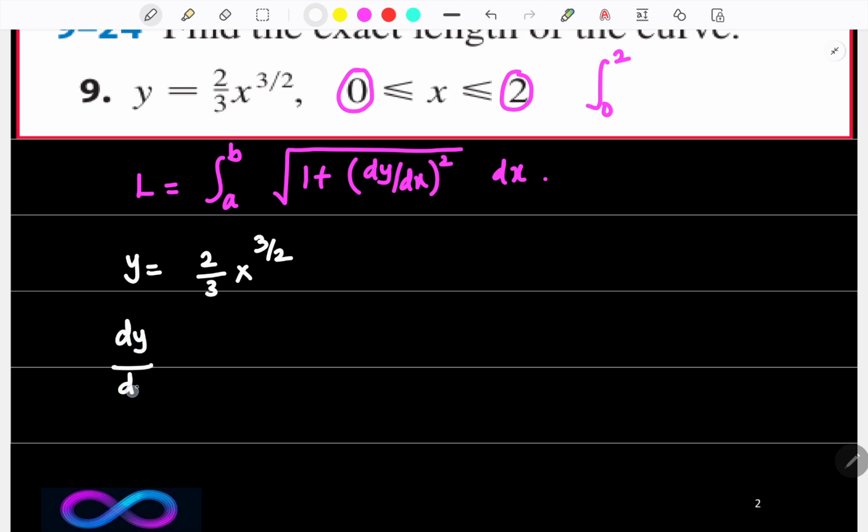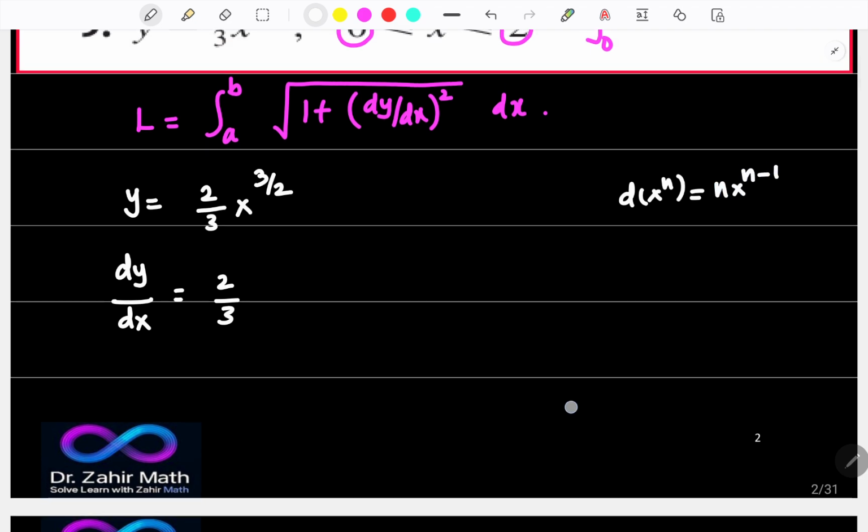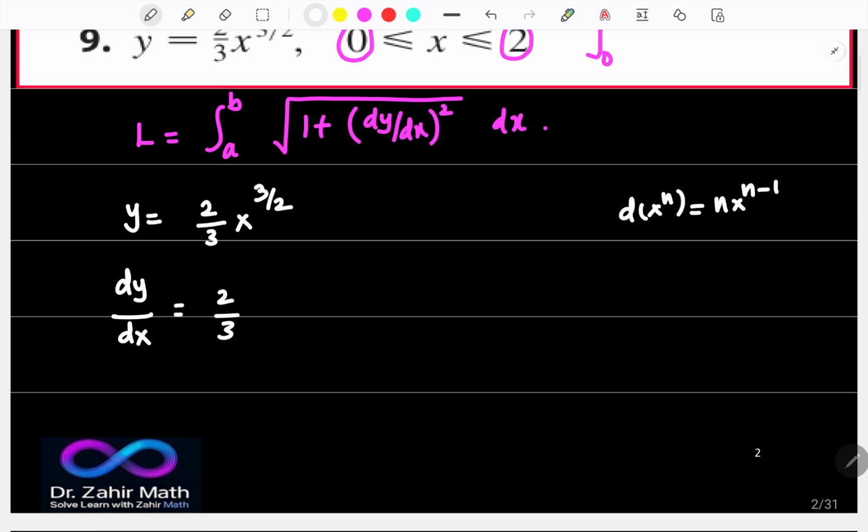And dy/dx, you're going to take the derivative. 2/3 is a constant, right? And you're going to take x to the power of 3/2. What is the derivative of x to the power n? It is n x to the power n minus 1, right? Yes. Now what's the derivative of x to the power of 3/2? You take this 3/2 down and x to the power of 3/2 minus 1.